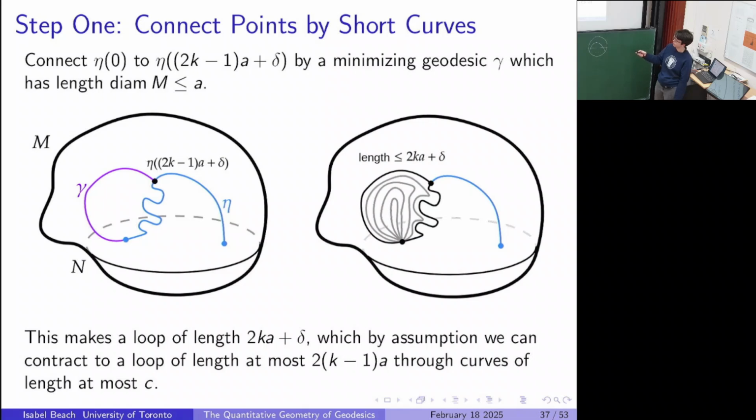So this whole thing is a loop based on N that has length at most 2ka plus delta. That's why we had that strange hypothesis, because I want to be able to shorten this to a smaller curve, which we can do by hypothesis. So I end up with this smaller loop that has length at most (2k minus 1)a.